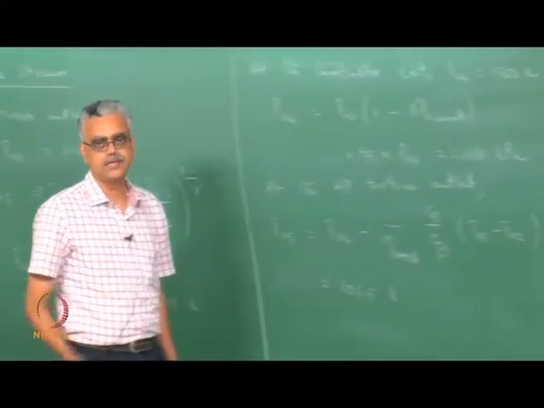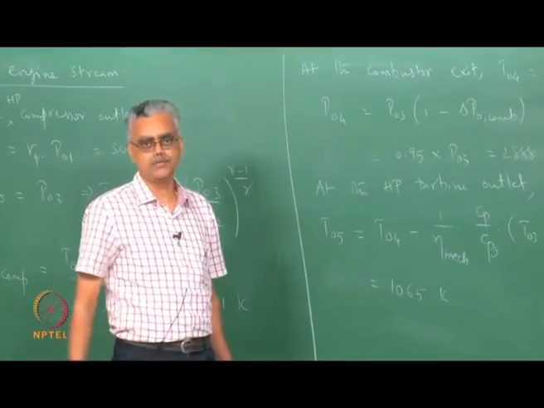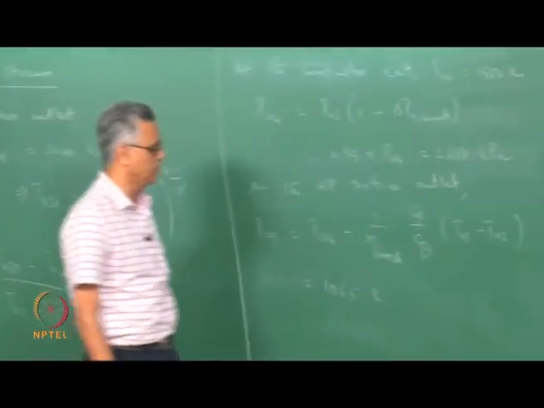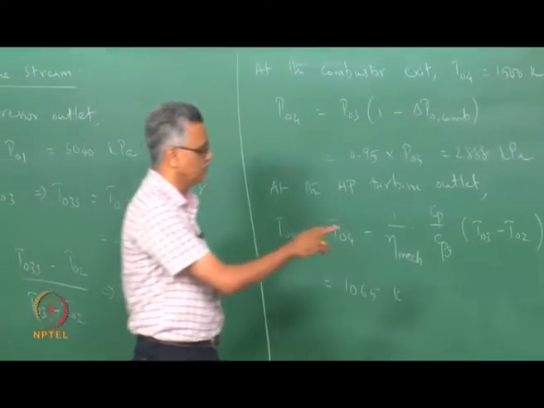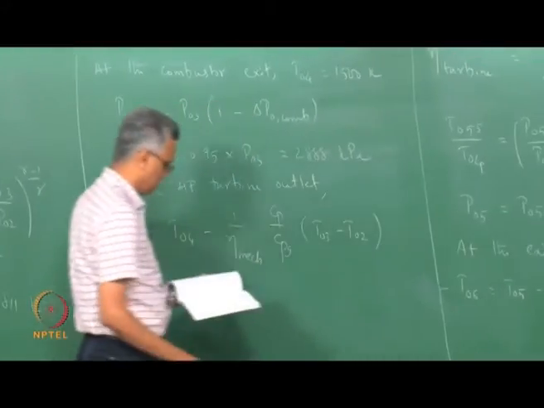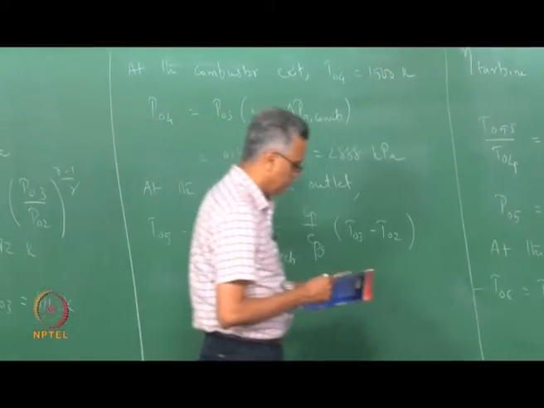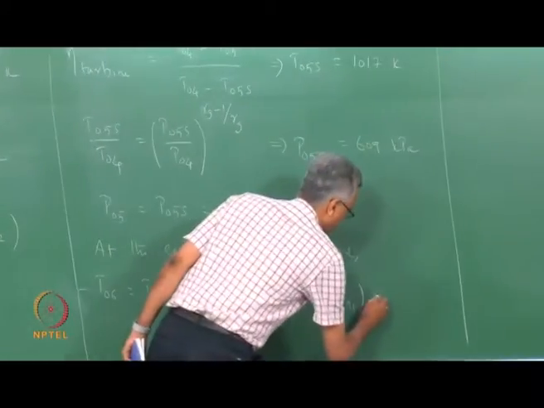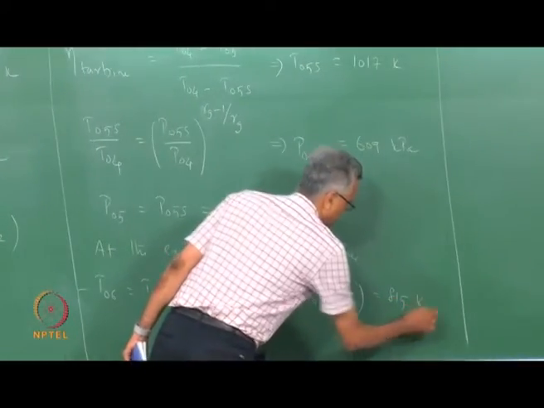The fan handles the entire amount of mass flow rate, m dot H plus m dot C, and if you take that into account, then this is what we get for the expression for T06, and if you substitute the numbers, this comes out to be 815 Kelvin.